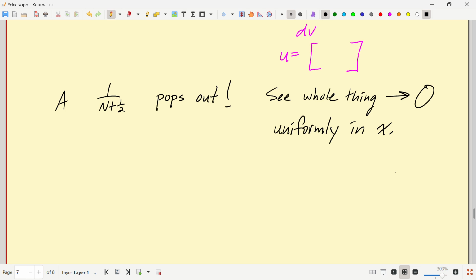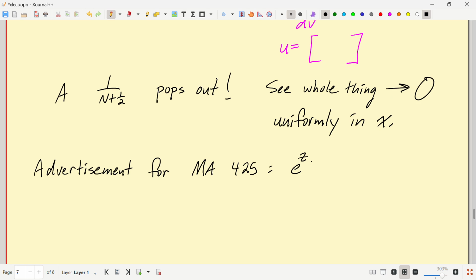Okay, so this class today has been an advertisement for understanding the complex exponential. That's Math 425. That's where you learn about e to the z and power series with complex numbers.